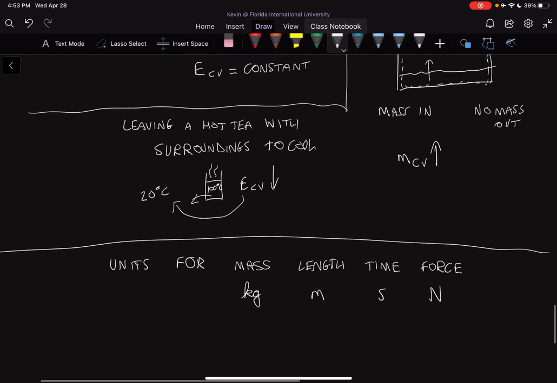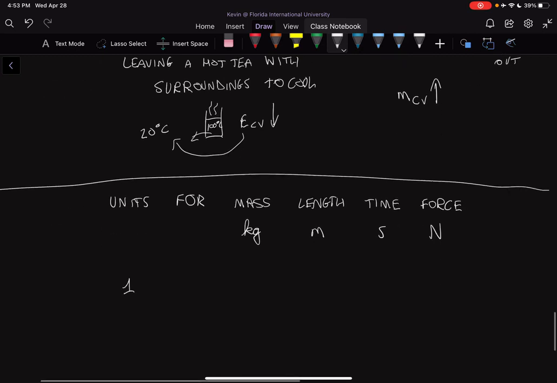And we can also write that 1 newton, just to define what the newton is, is equal to 1 kilogram multiplied by meters per second squared. Now, why is that? That is because F is equal to MA.